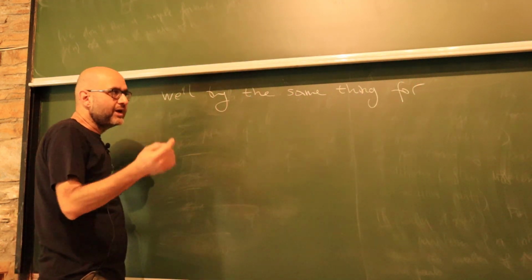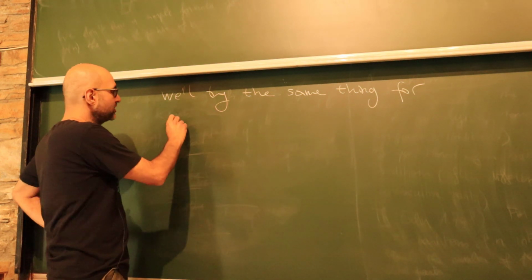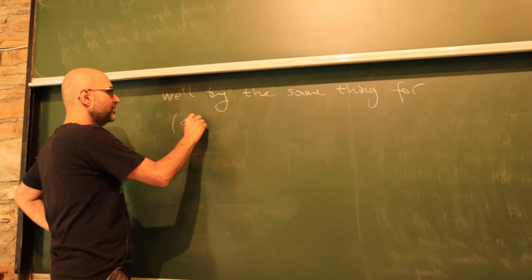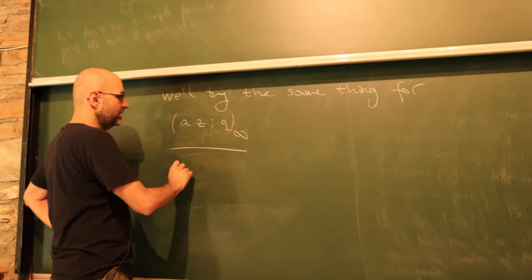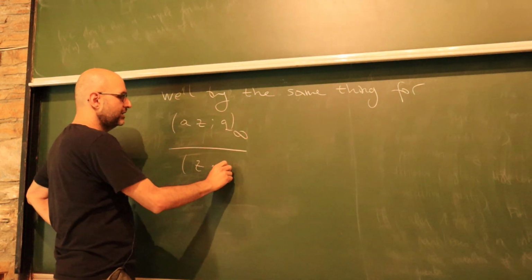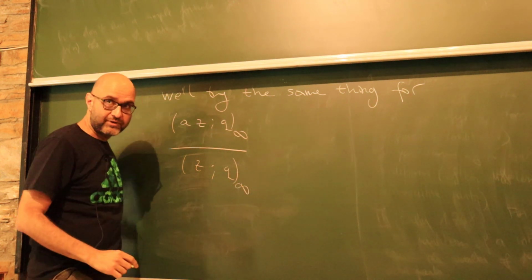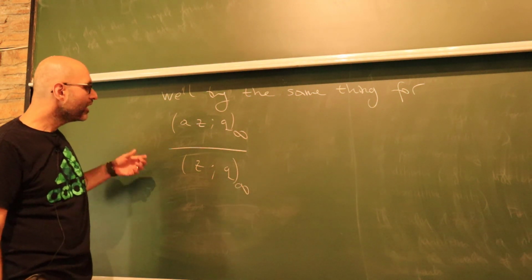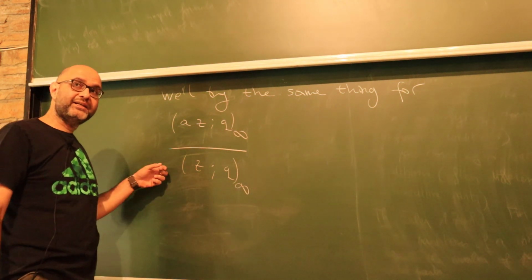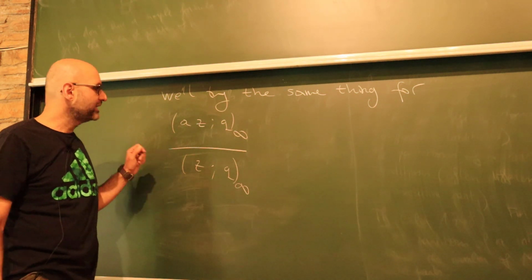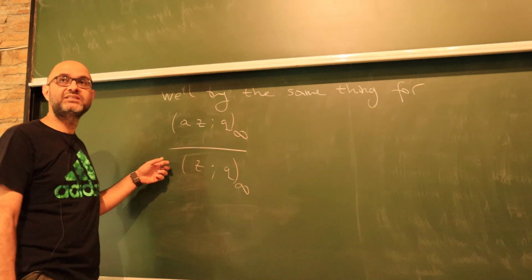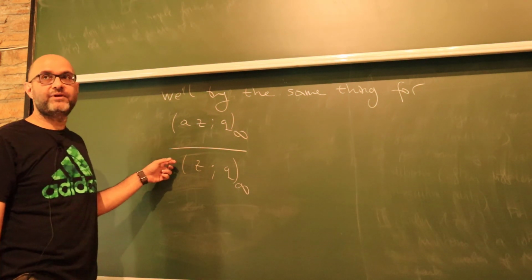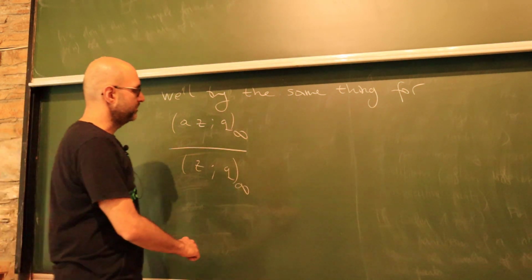For the ratio of two infinite products, (az; q) sub infinity divided by (z; q) sub infinity, we will regard this as an analytic function. We don't know if it's analytic yet, but take my word for it. We will take this as an analytic function in z, and we will try to find a power series for this guy.